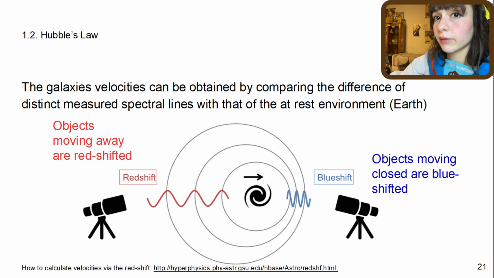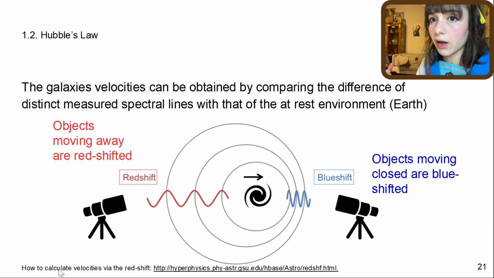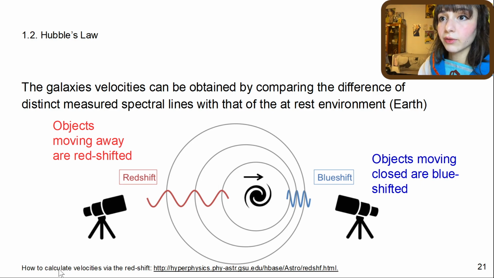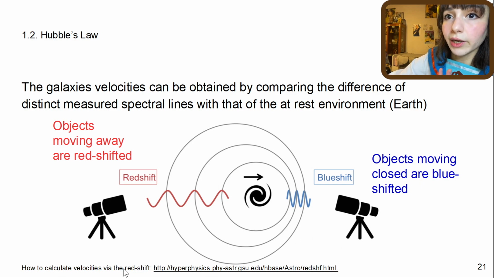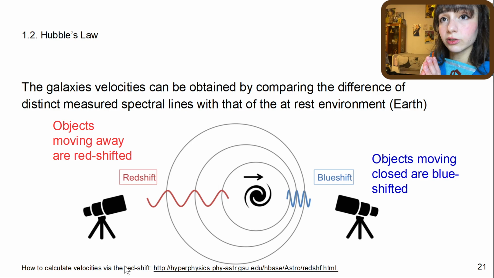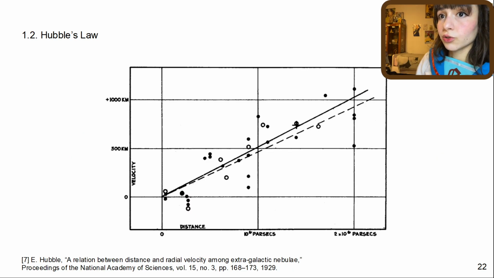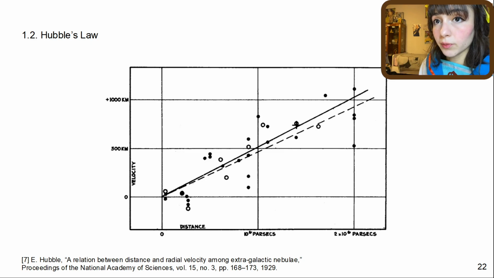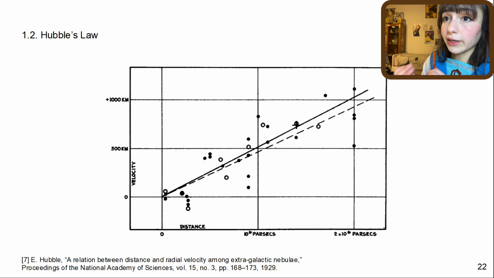There's a little bit of a more illustrative explanation of how to calculate velocities via the redshift, which I just included right here. But in essence, this is the strategy that Hubble went about measuring the velocity of these stars and nebulae. So following this, this is the original publication by Hubble, where he plotted the velocity of these nebulae against the distance of the nebulae.